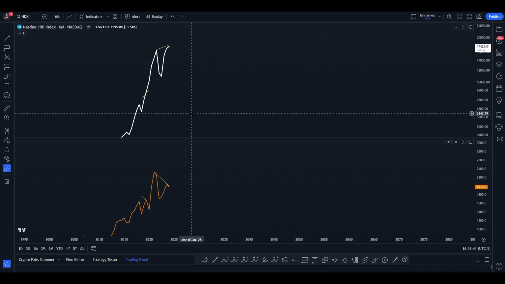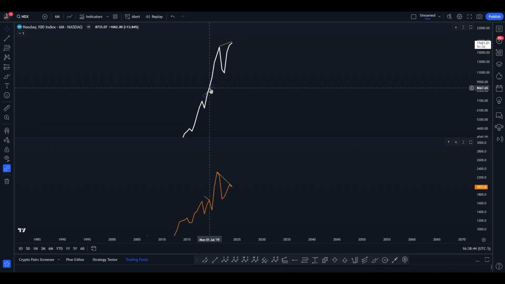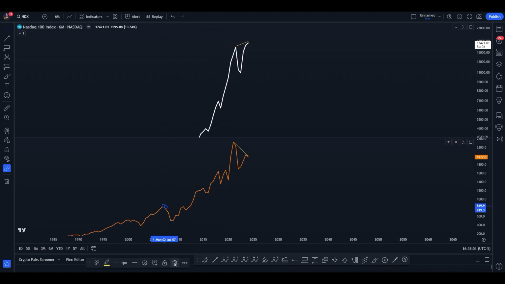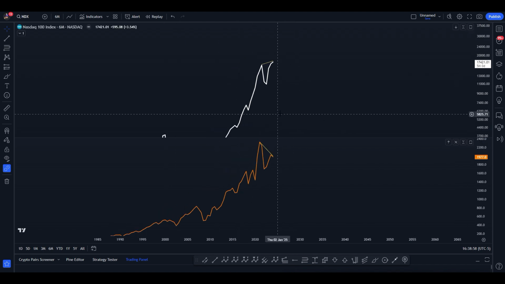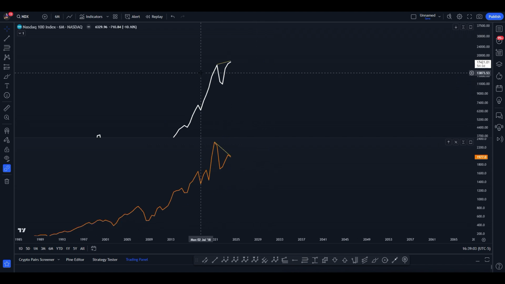So the rest of those non-confirmations disappear on a 6-month chart, because on a 6-month basis, those waves were just plain too small at the top. But what's interesting is this is now the first time ever, maybe the only time ever, who knows, that on a 6-month closing basis, the NASDAQ 100 has created a higher high, and the Russell 2000, the market at broad, has not confirmed it.